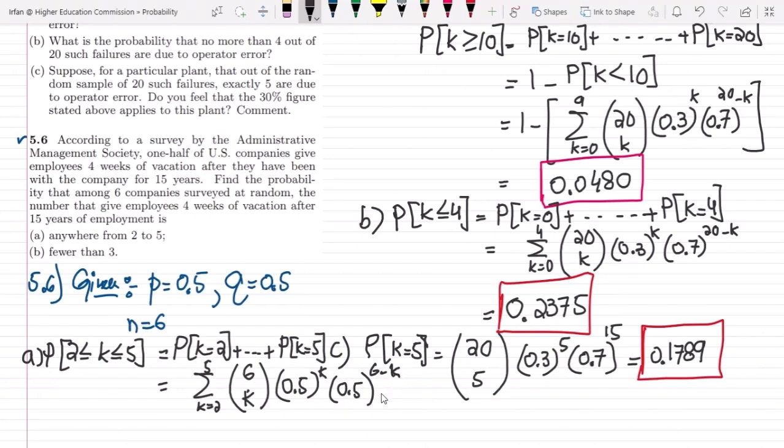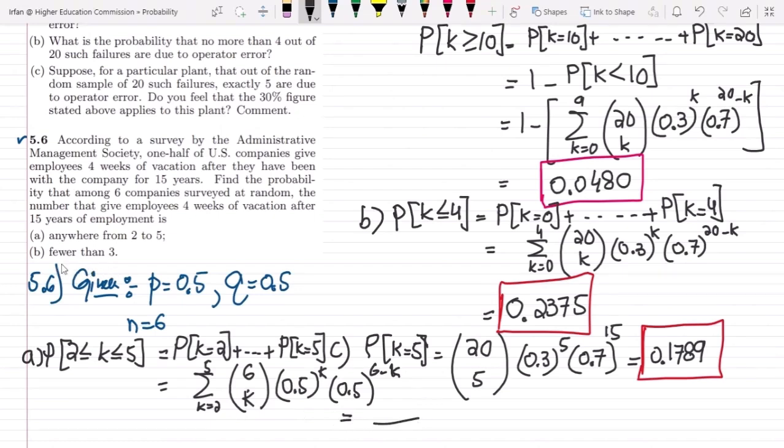That is the formulation, and to find the answer we have to calculate all these values, and then the answer will be given here.